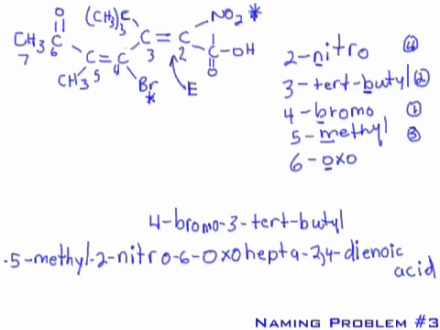Now let's use a different color to try and do this on the other double bond. If we are looking at carbon 4, off of carbon 4 is a carbon, and off of carbon 4 is a bromine. So for carbon 4, for this double bond, bromine's higher atomic number than carbon. So on this double bond, the bromine's highest atomic number.